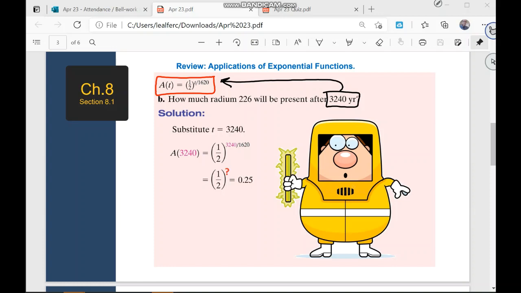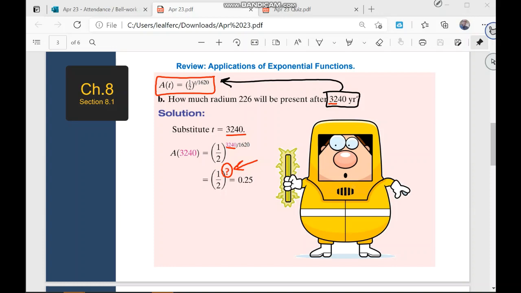The solution is you substitute t equals, in this case, 3,240 years. You're going to substitute into the function, and then you will find the result for the exponent. But the number is missing. I need you to help me.